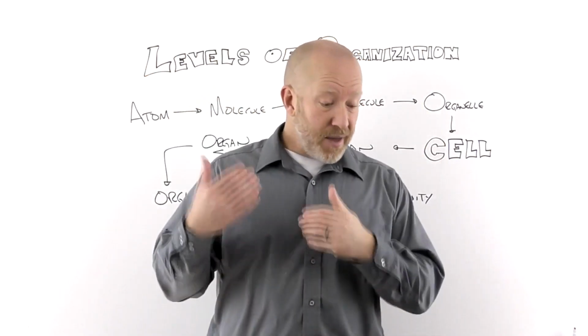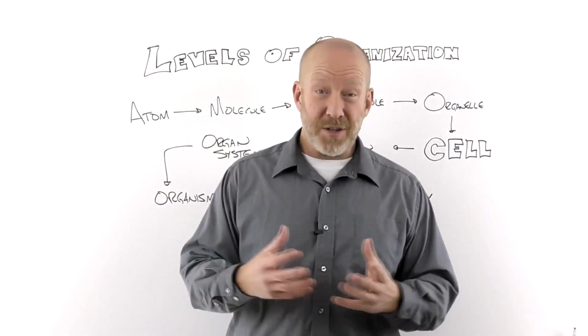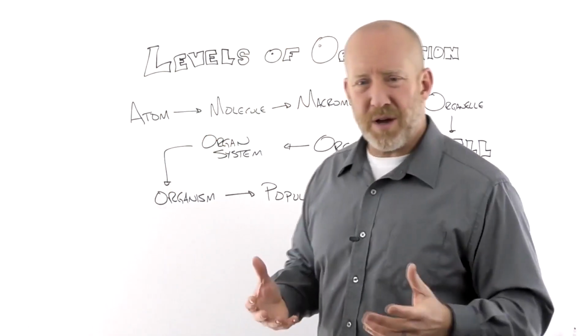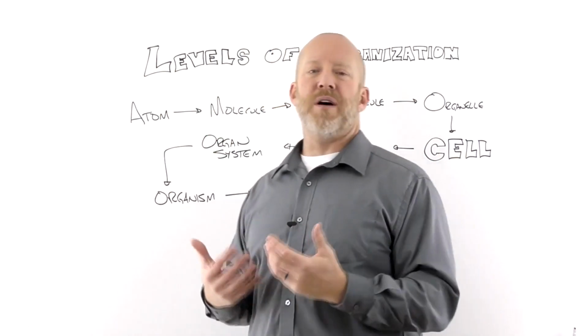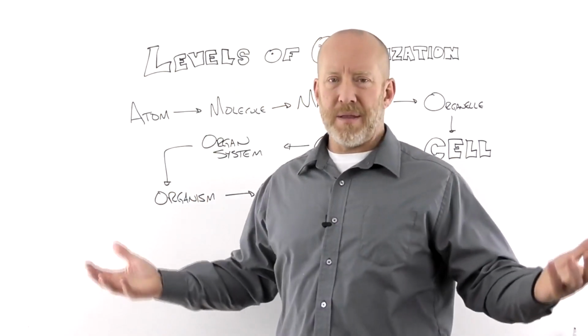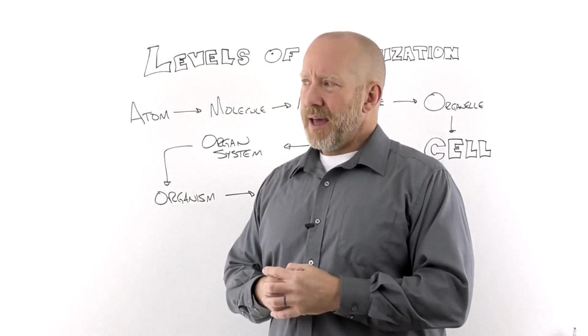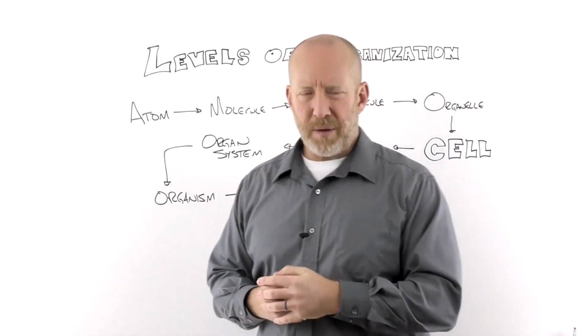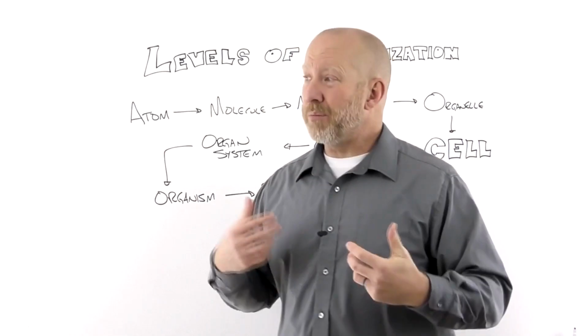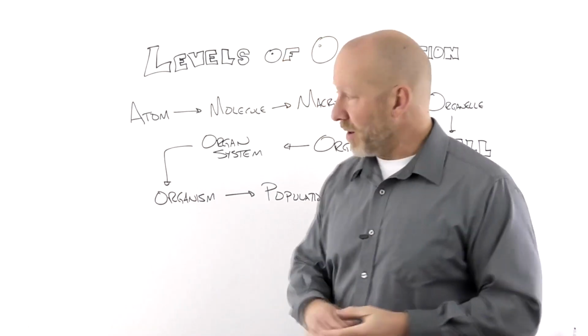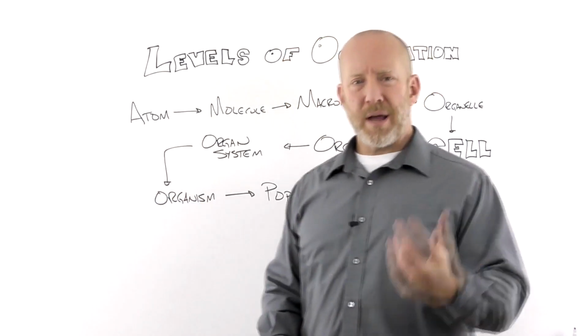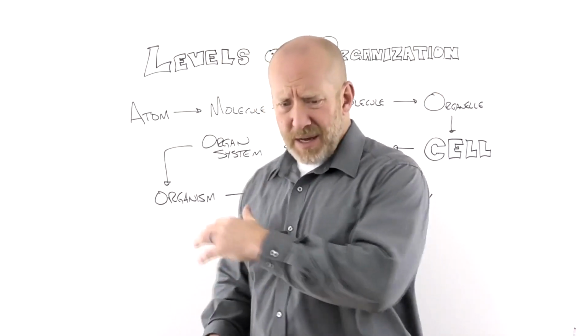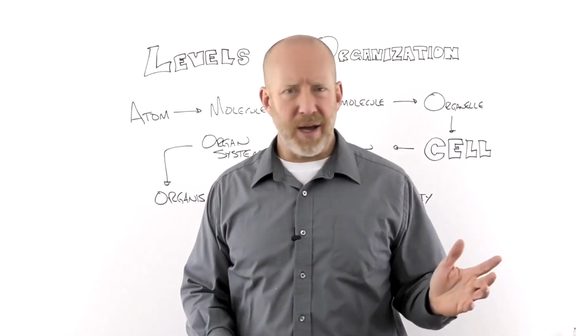So anyhow, this is a big topic, levels of organization, and here's what it basically does: it answers the question of what we're made up of on a physical level in the world. The smallest, most microscopic thing that we're made up of that can't be broken down in nature that we know of is called an atom, or a chemical, or an element. These are things that you can find off the periodic chart.